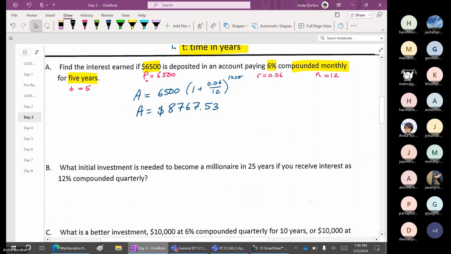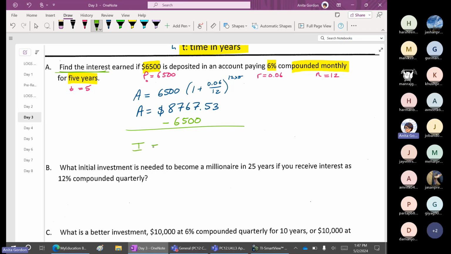Okay. Am I done? Is this my final answer? It is not my final answer. What am I missing? The interest. It's asking me not for my total investment. It's asking me for my interest. What am I going to do? Subtract what I started with from what I ended with.